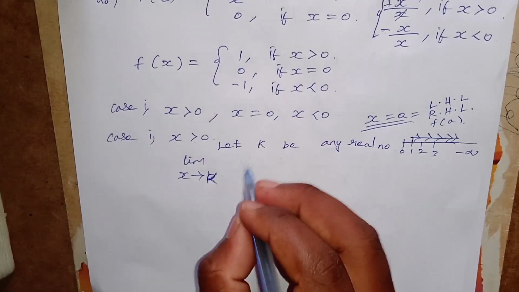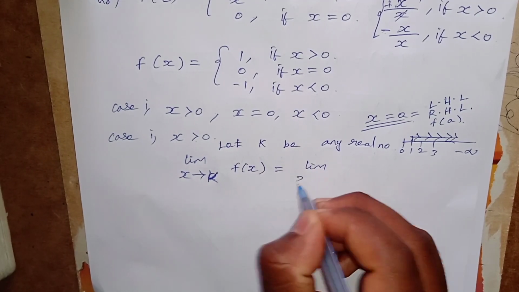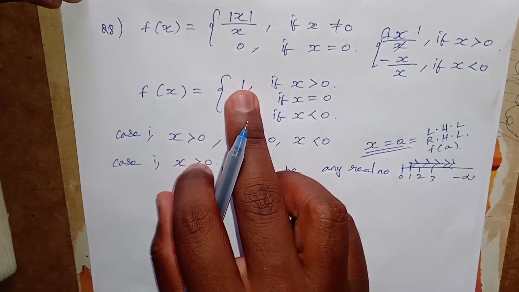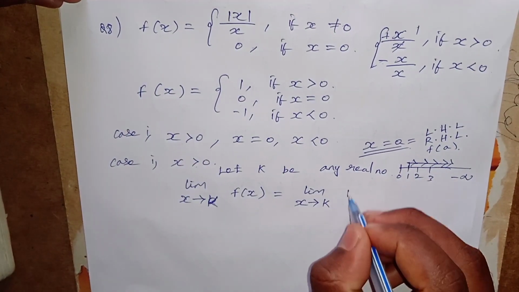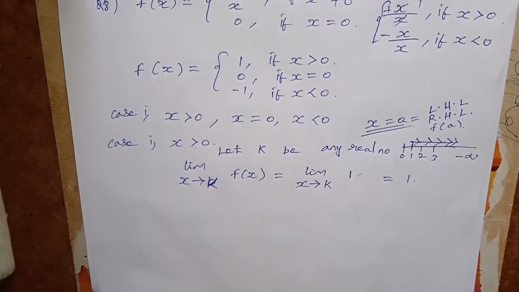Therefore limit x tends to k of f of x, here my function for x greater than 0 is 1, therefore no x, only 1.